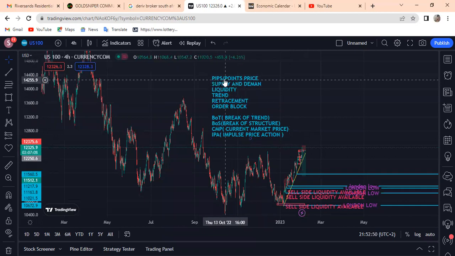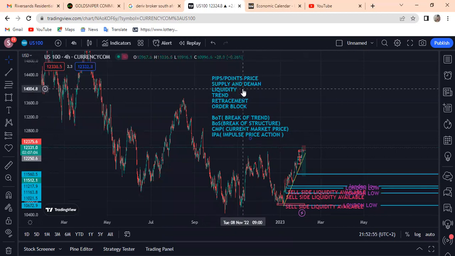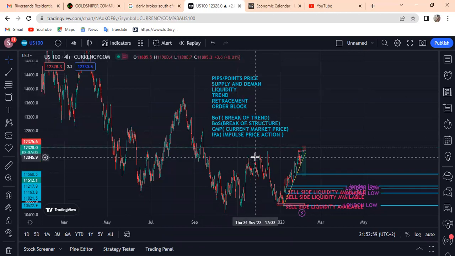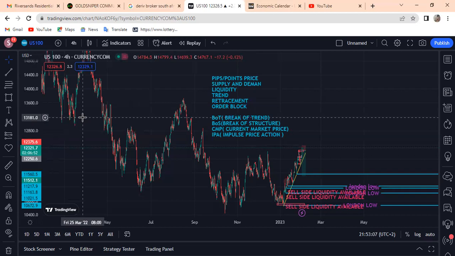So basically pips, points, price, levels, that's basically a value measurement from A to B. So in this instance right here where you see your price, this is an indicator of how you can measure these pips and points.